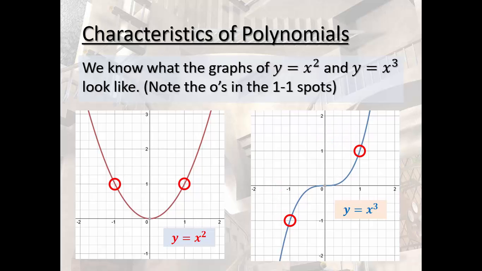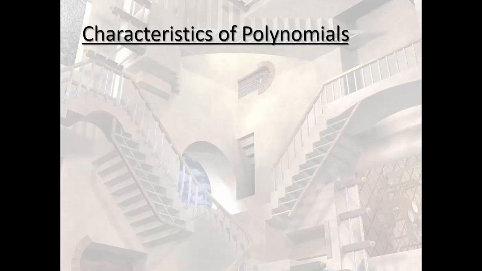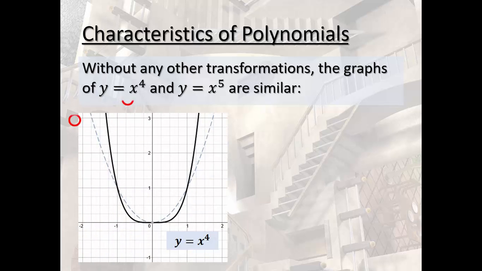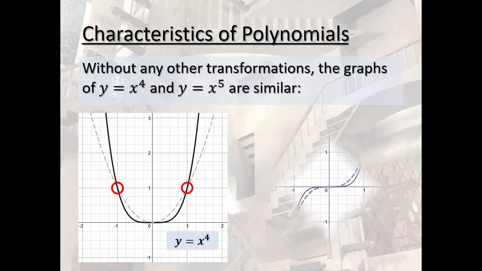Still keep those things in mind. Why did I bring those up? Because when we have higher degree ones, if we have x to the fourth, x to the fifth, those graphs are actually very, very similar to the other two. They look like this. They still go through that 1, 1 spot.